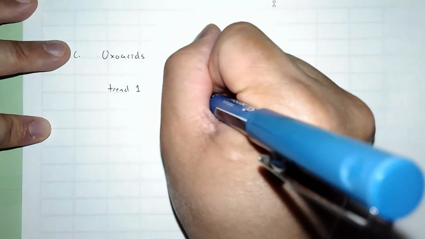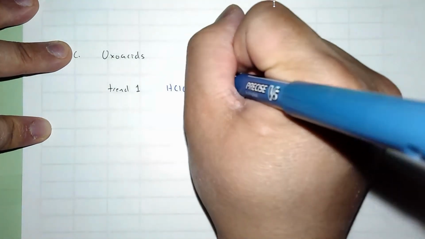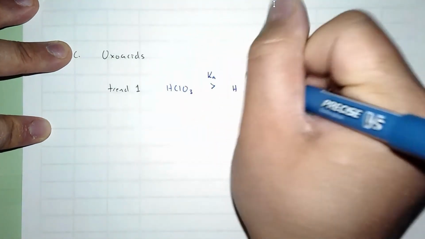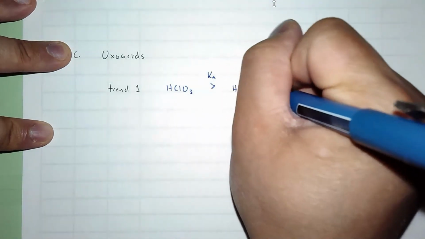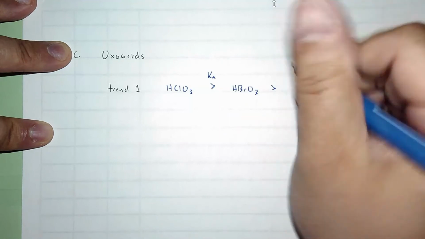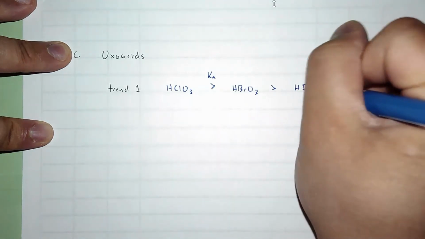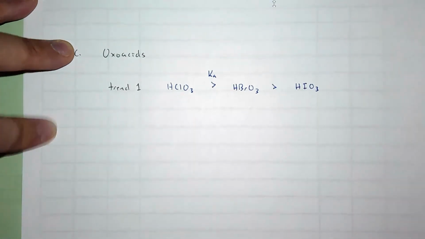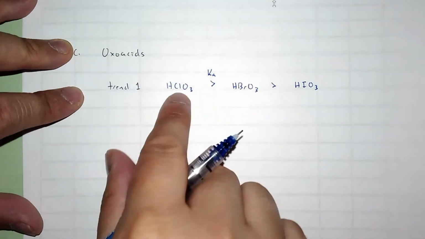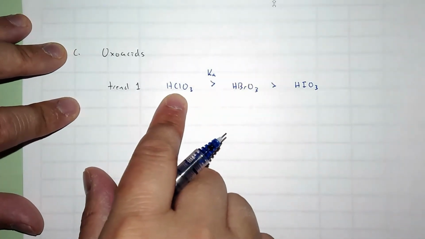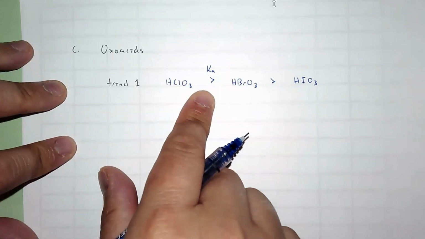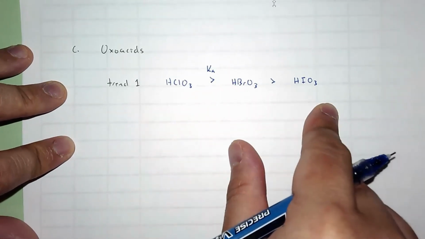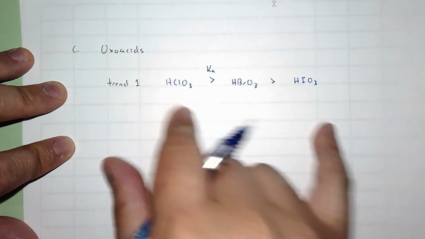Well, let's go with HClO3. It has a larger Ka, and we're going to change the halogen again. HClO3 greater than HBrO3 greater than HIO3. So now in this case, the one that has Cl is the stronger acid. All of these are pretty weak acids though, right? They're not part of the 7 strong acids.